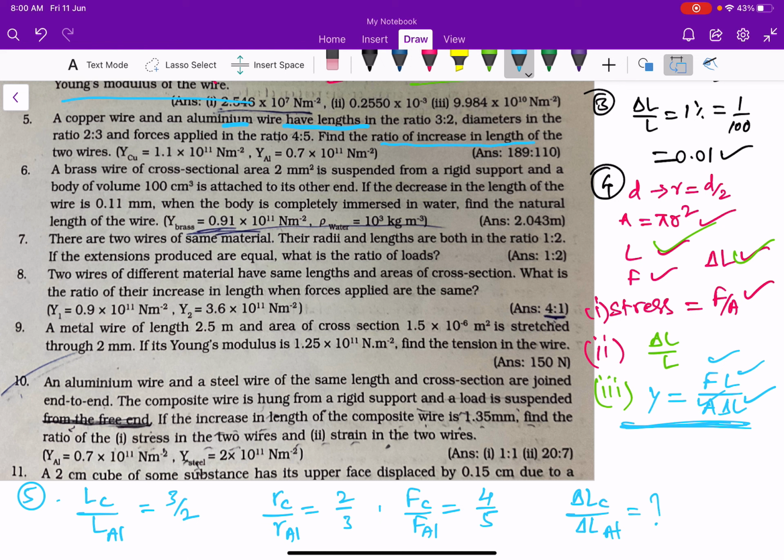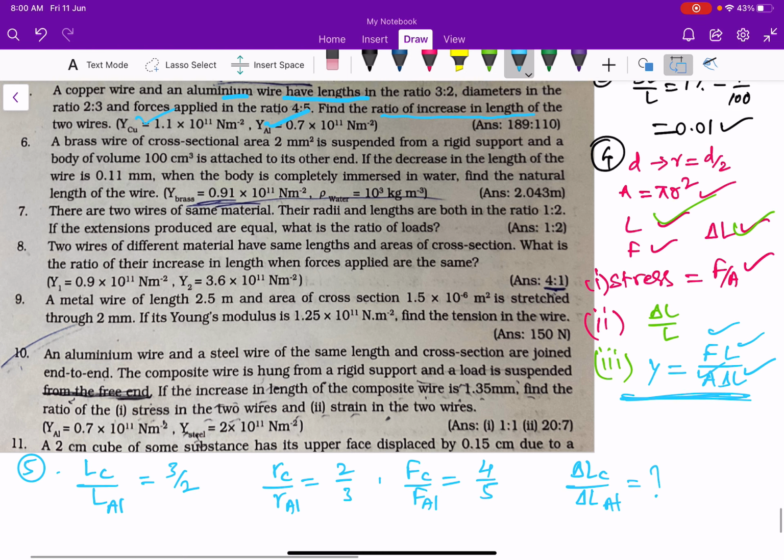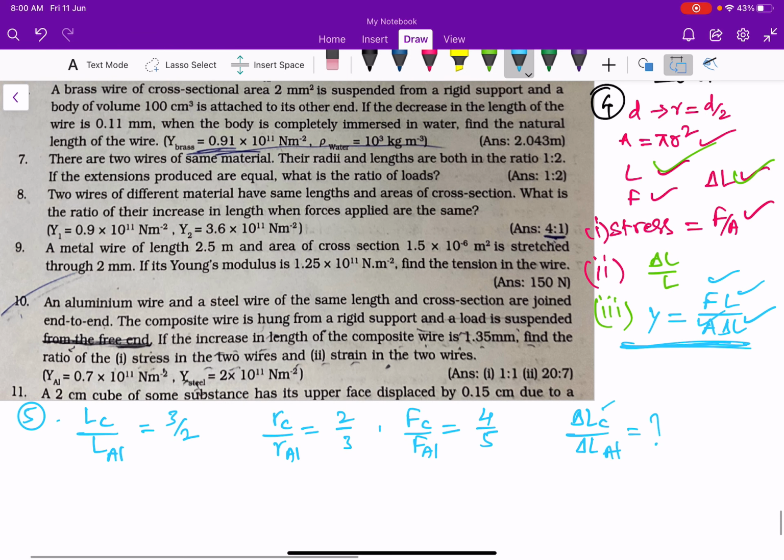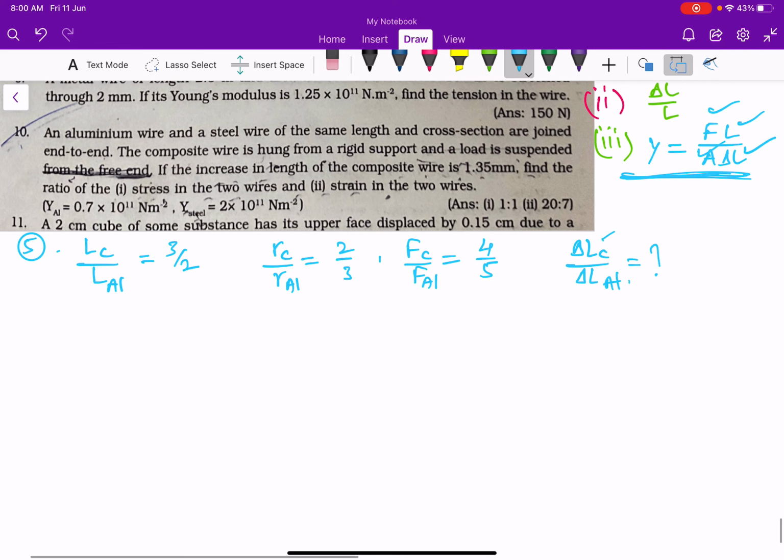He has given the Young's modulus of copper, and the Young's modulus of aluminum is also given here. So we need to find delta L of copper by delta L of aluminum.